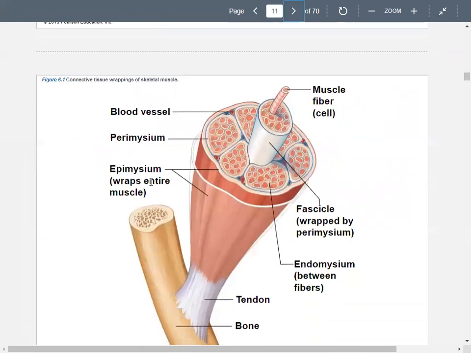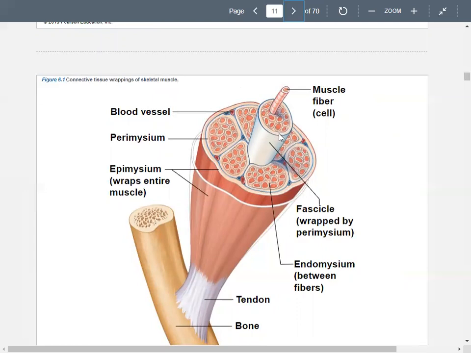Okay, so this shows you what this looks like. Here's one individual muscle fiber cell. In this little space around each one, you have endomysium. So that's the space in between all of these muscle fibers, not to be confused with this wrapping that goes all the way around it. The wrapping that goes all the way around is perimysium.